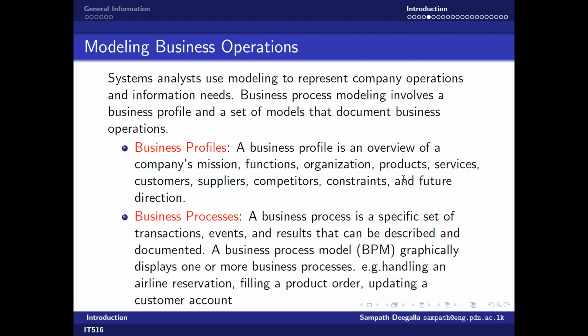Usually, to understand this, we use a modeling technique called a business process model to understand how things happen within the organization. If you want to improve business processes, you need to understand how they work. For example, handling an airline reservation means you have to perform various tasks. Understanding each of these is very important if you want to improve the business process.